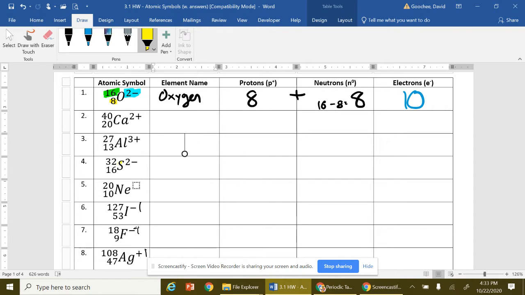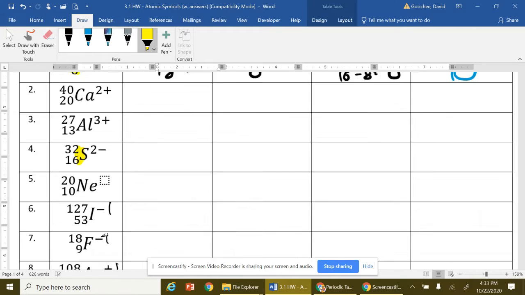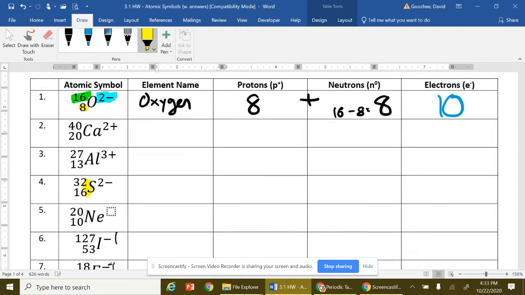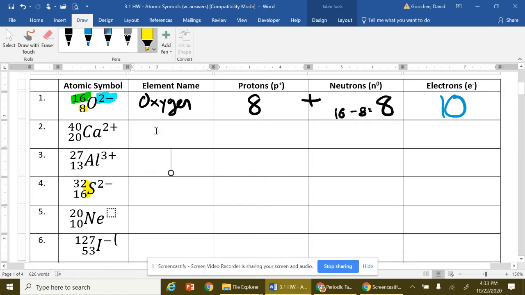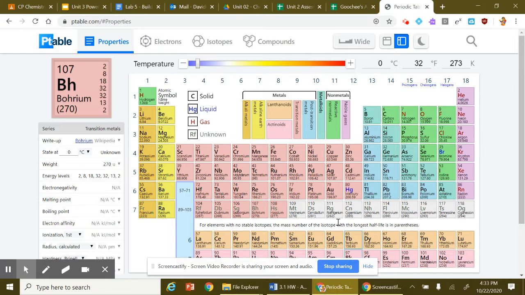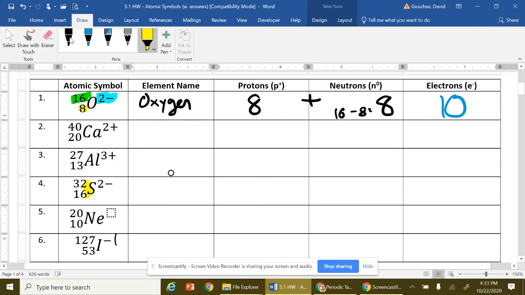Let's do number 4 here. First of all, what element is this? Element S. I go to the periodic table, and I see element S is sulfur. So this element right here is sulfur.